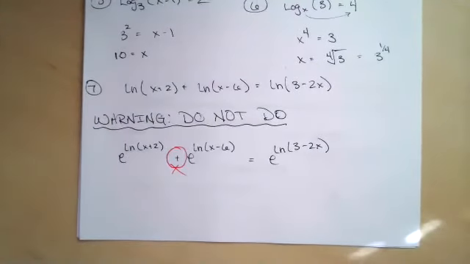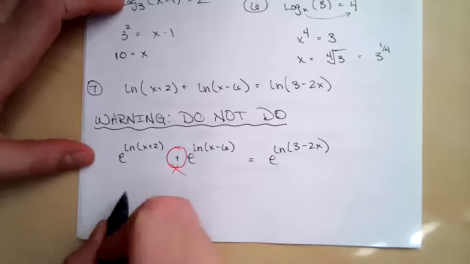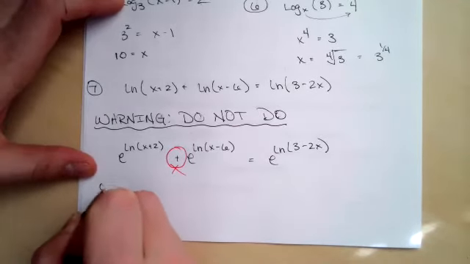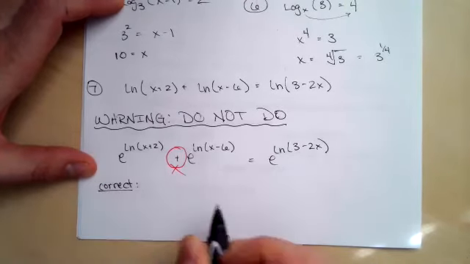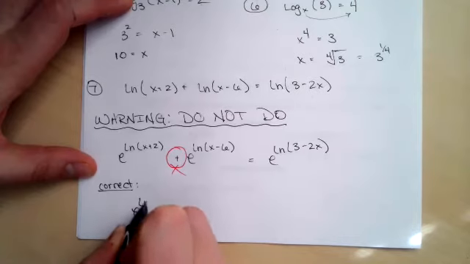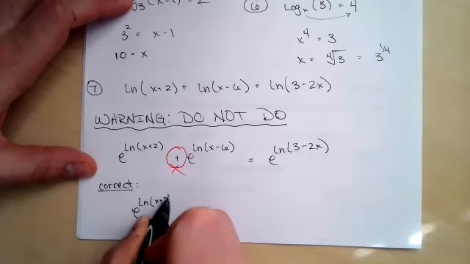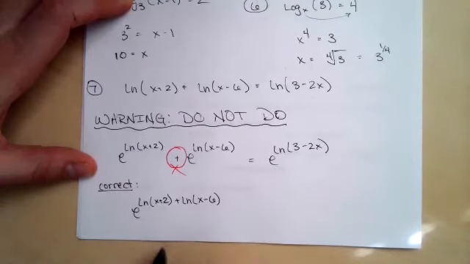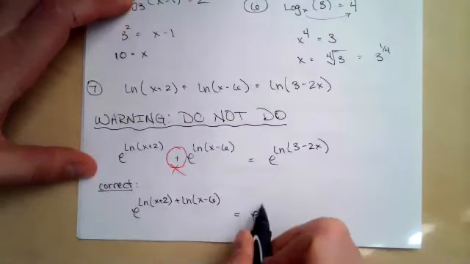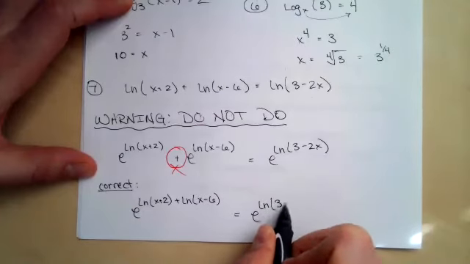Because when we exponentiate both sides, when I apply an operation to both sides, we would have to apply it to the entire sides as they are written, meaning the correct statement would be e to the natural log of x plus 2 plus natural log of x minus 6 is equal to e to the natural log of 3 minus 2x.